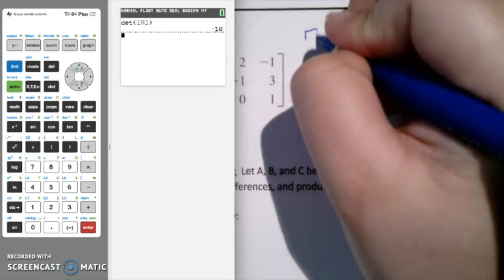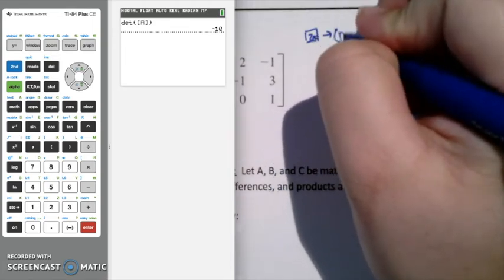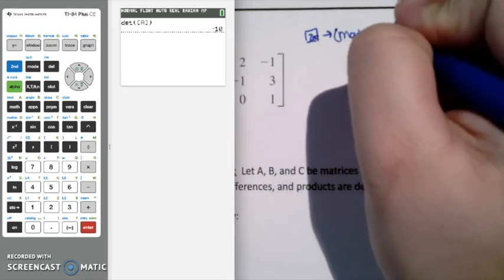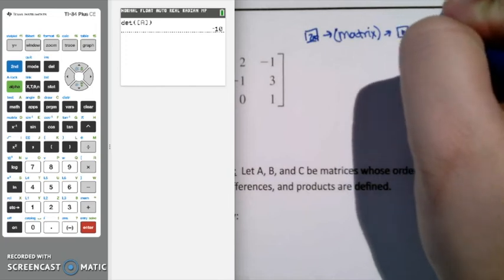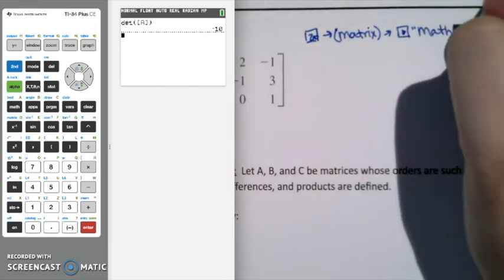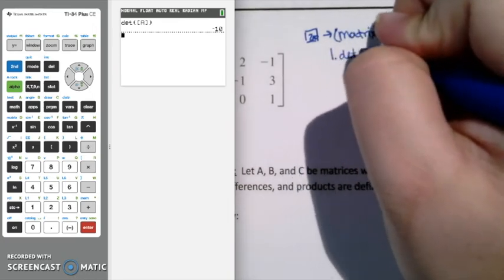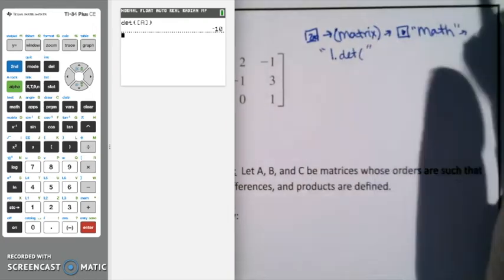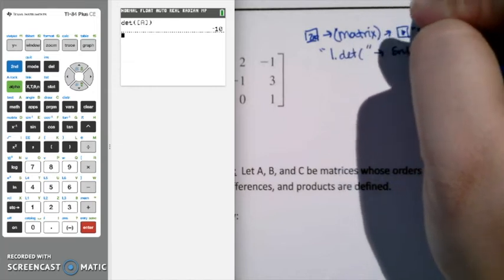So that was second matrix, over to math. Option 1 was determinant. Enter.